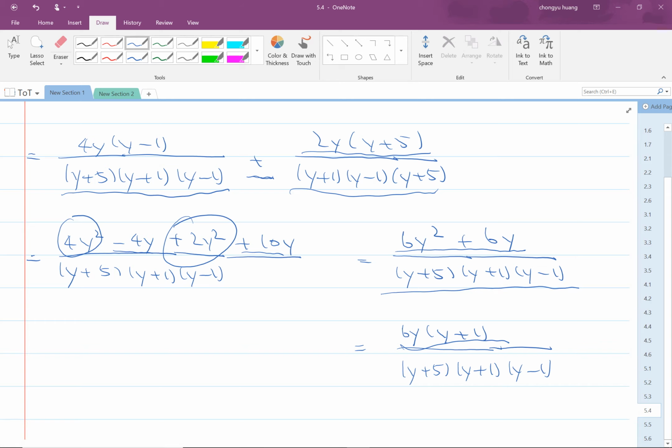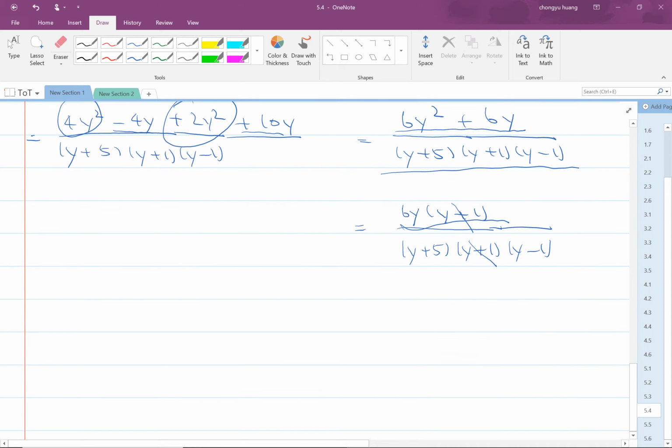So you can see over here we can cancel out y plus 1 to simplify more. You always want to simplify as much as you can to get the right answer.